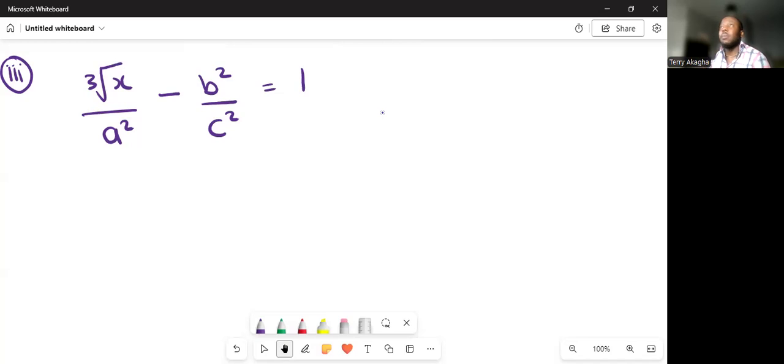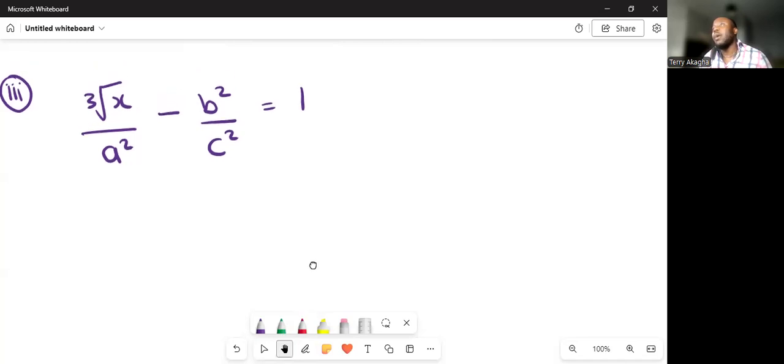All right. So similarly, like I always say, I'm going to remove the fractions. I don't like working with fractions. So I'm going to multiply both sides by a squared c squared. Are you seeing it? So I'll multiply through by a squared c squared. Multiply this by a squared c squared, and multiply this by a squared and c squared.